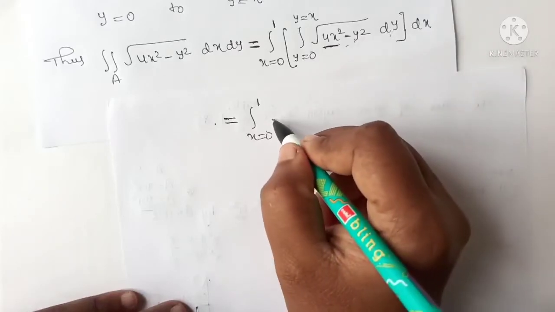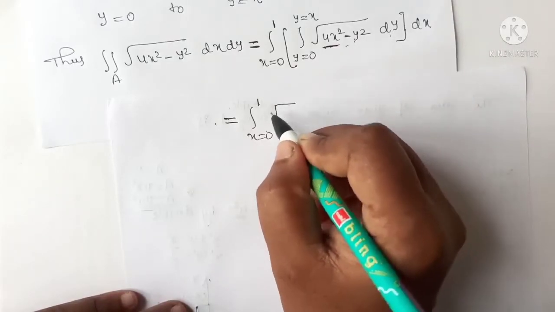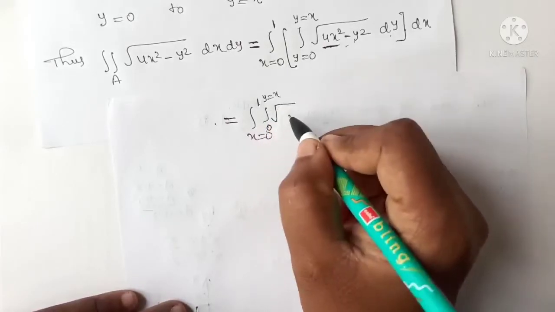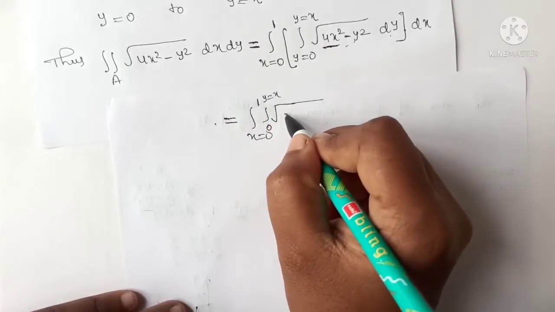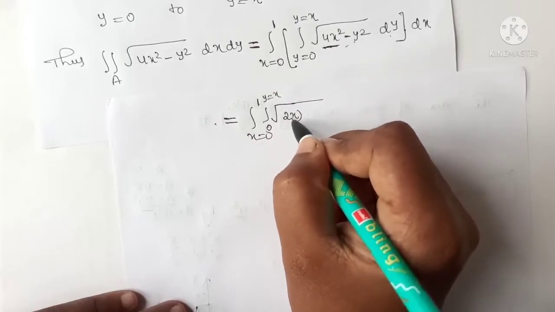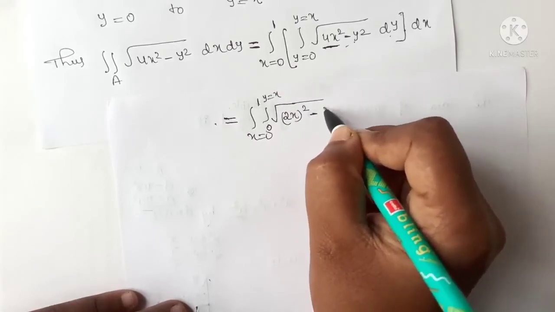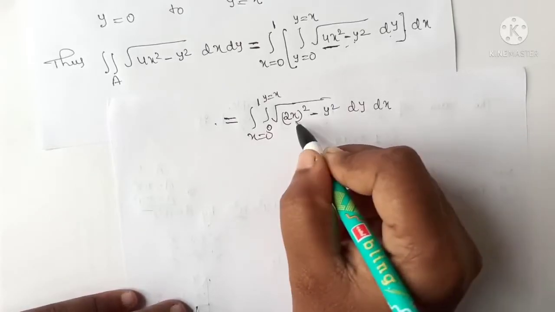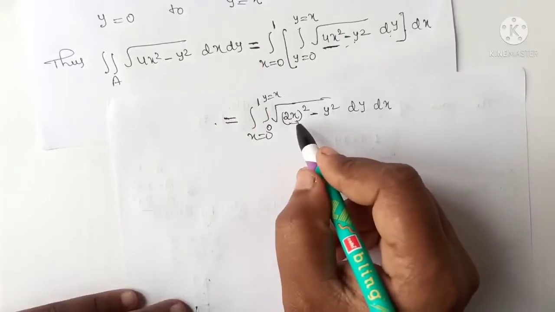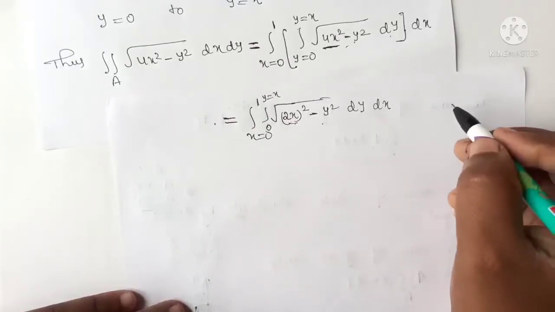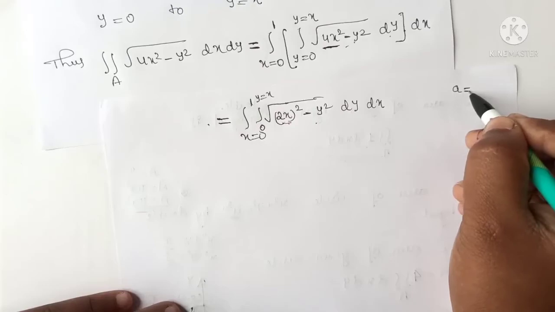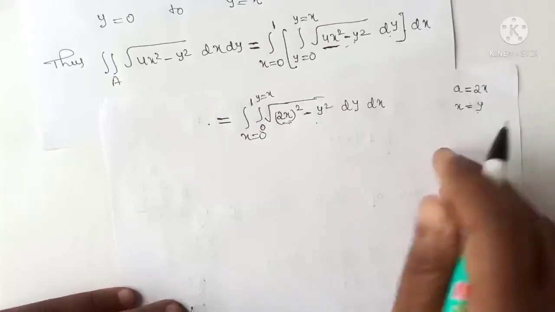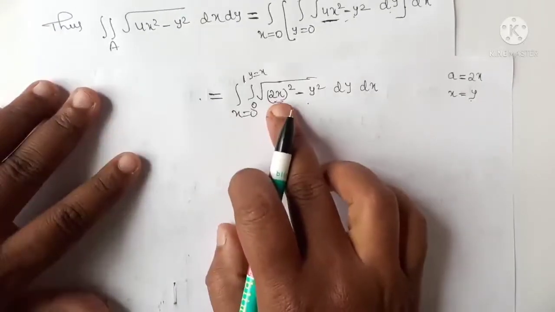So that means this can be written as the integral y equals 0 to y equals x of square root of (2x) whole square minus y square into dy then dx. So here now it is in the form of a square minus x square. In the place of a we have 2x, in the place of x we have y. So applying the formula for the square root of a square minus x square.